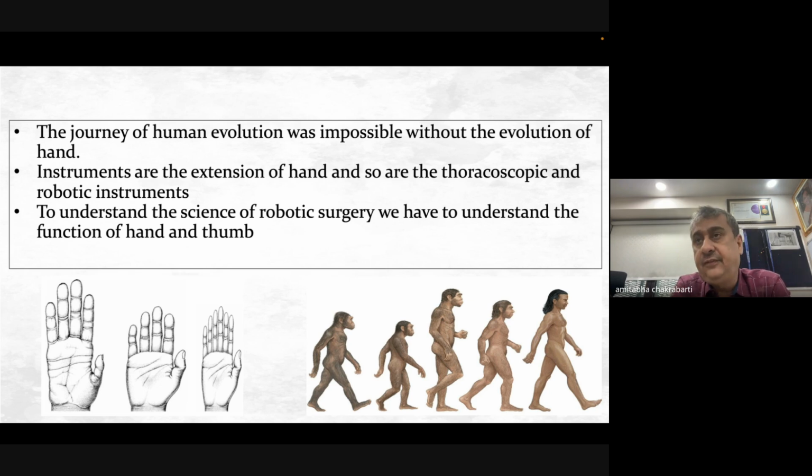This evolution of the hand has made us human beings. From ape to human, this evolution is always associated with the development of the movement of fingers, which involves the movement of our thumbs along with the opponent's movement of fingers.